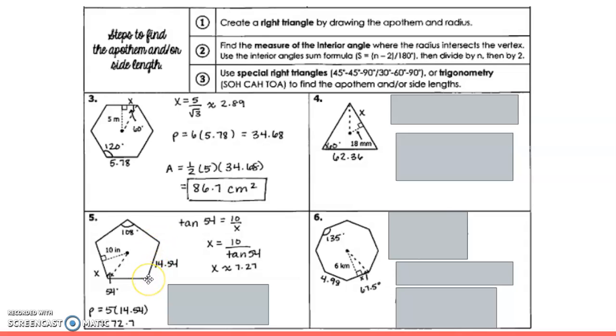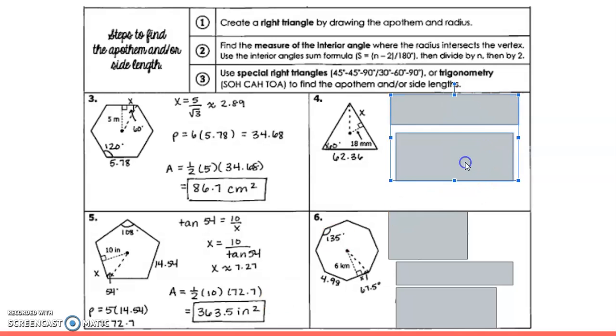Once we have 14.54, we're going to use that to find our perimeter. After we have our perimeter, we're going to take the apothem and the perimeter, multiply those together, and cut it in half to find the area of the entire shape. Number 4 and 6 are done the same way.